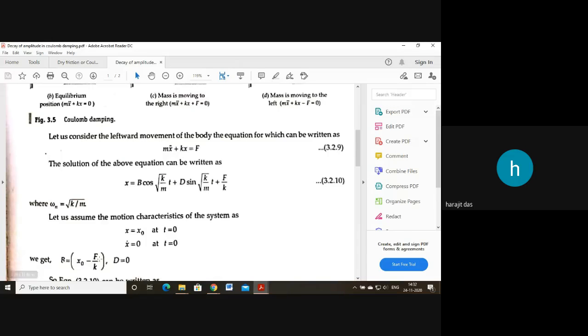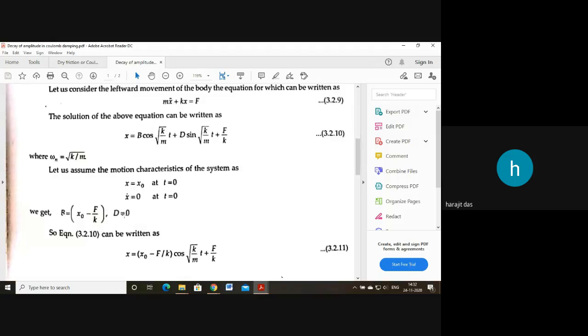So the B value will be x naught minus F upon k, and if you put x dot equals 0 at t equals 0, then you will get the D value equal to 0. Understood? Now we will put these two values in this equation. If you put D equals 0, the sine term will vanish, so only the term B cos omega n t plus F upon k will be there. Instead of B, we write x naught minus F by k, cos of square root of k by m times t, plus F by k.